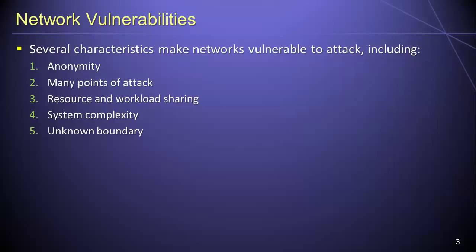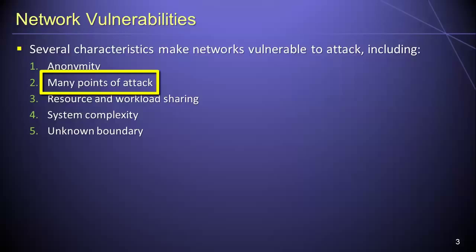Although networks provide many different advantages, networks also have several characteristics that make them vulnerable to attacks by malicious parties. The first of these characteristics is anonymity. In a networked environment, an attacker does not need to be in physical contact with an information system in order to attack it. Second, a networked environment can potentially expose many different points of attack.